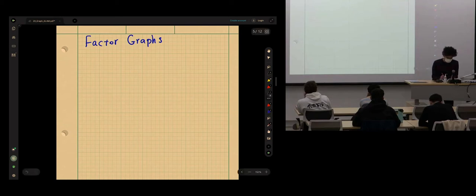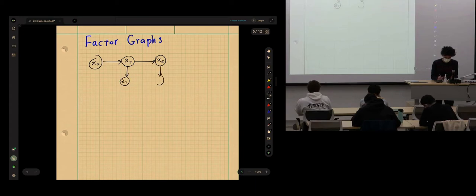So I'm going to start with an example. Let's say I have this graph, and I'm going to convert this to an equivalent factor graph.